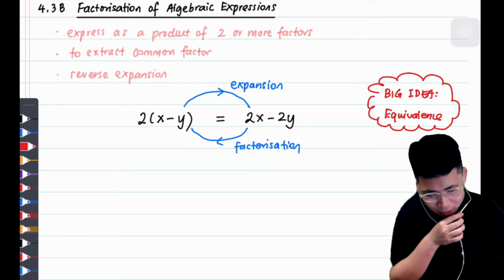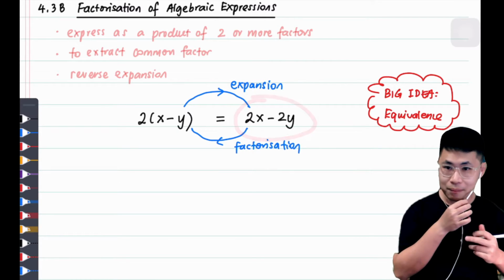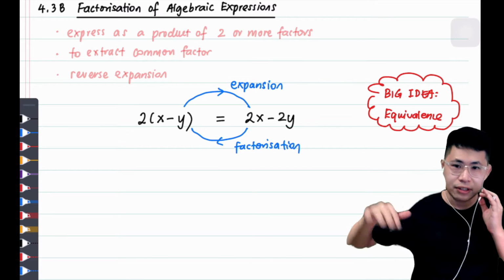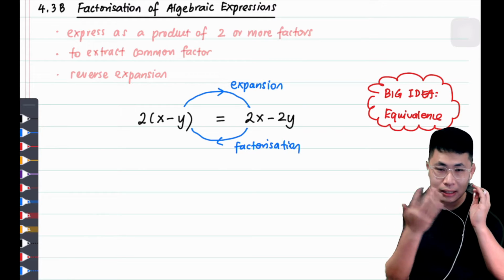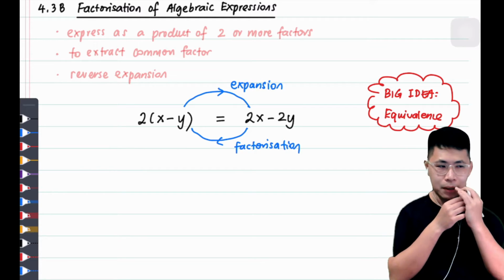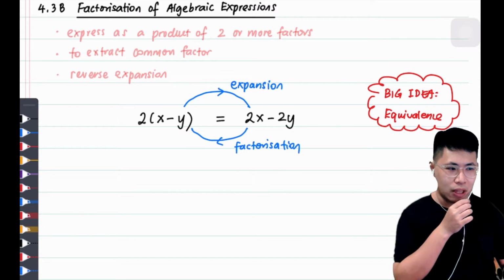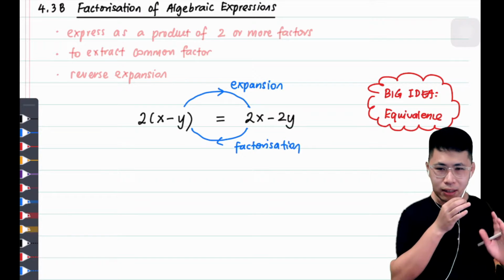It means that the one on the left should be equivalent to the one on the right. So when you do expansion and when you do factorization, the two answers, the two starting points, must be equivalent.